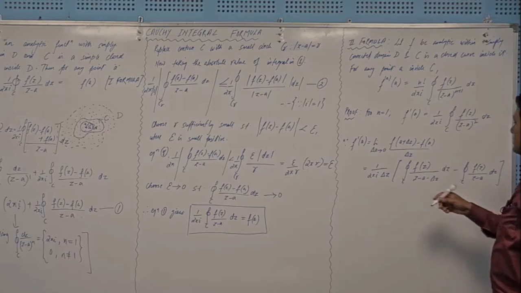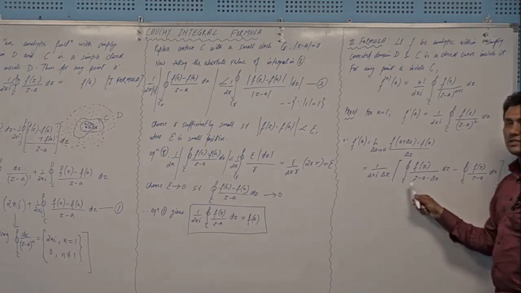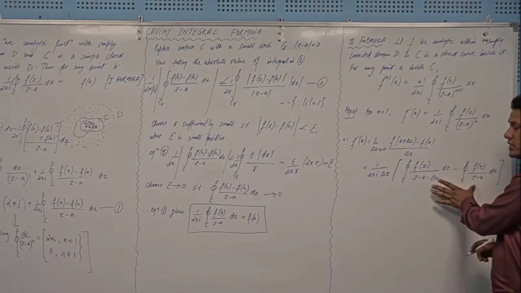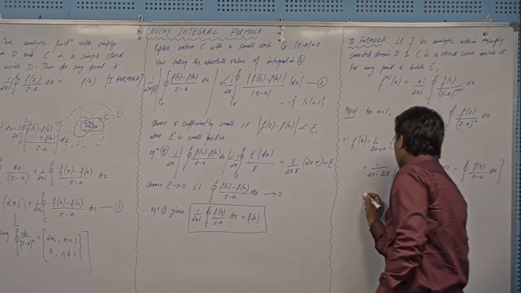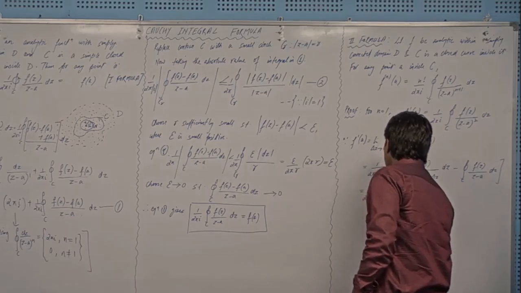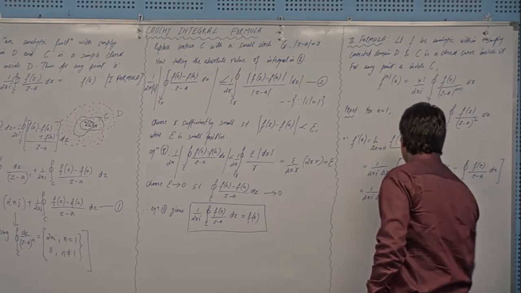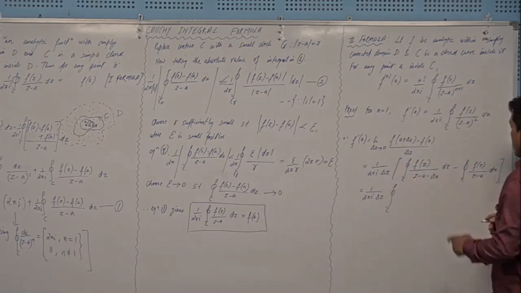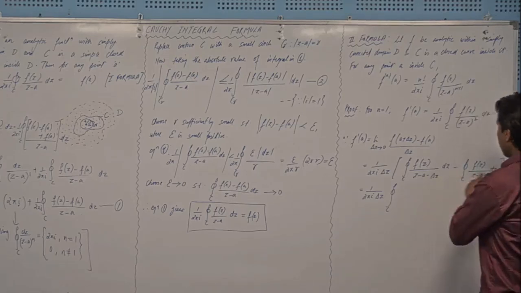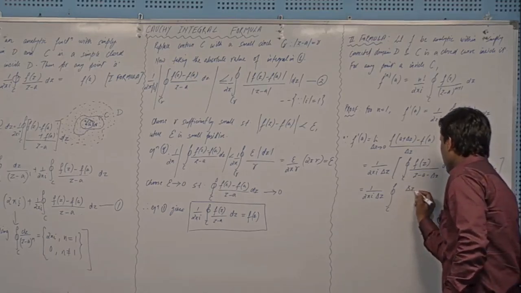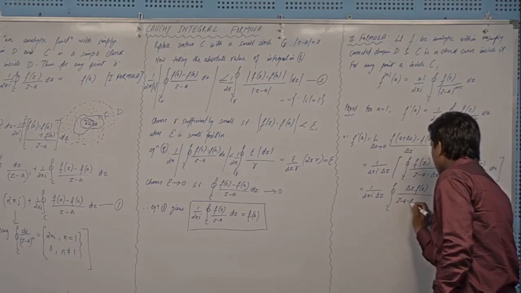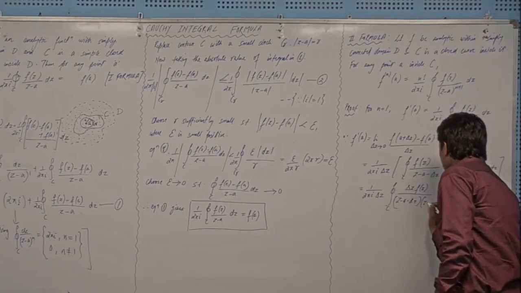Since the integral is done over the contour C, we can write these integrands together with the minus sign. That becomes 1 over 2 pi i delta z, taking only one integral. Taking the LCM of these two terms, I get the f(z) terms, and delta z f(z) over z minus a minus delta z, times z minus a.